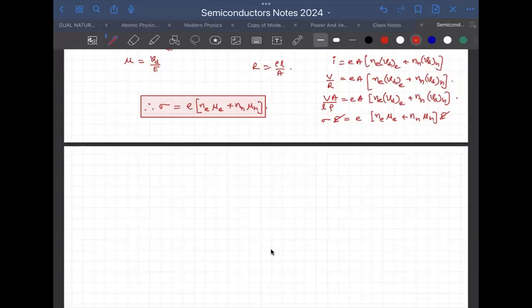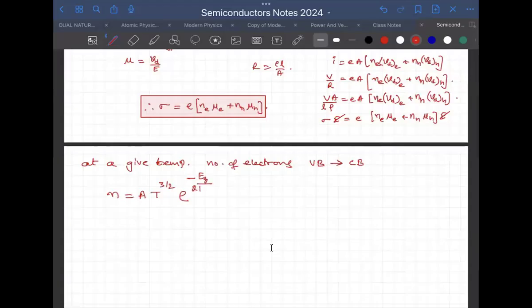You may ask me one question. At a given temperature, the number of electrons jumping from valency band to conduction band depends on, this is a quantum mechanics output, so this can be given as N is equal to some constant A times T^(3/2) e to the power of minus E_g by 2kT.